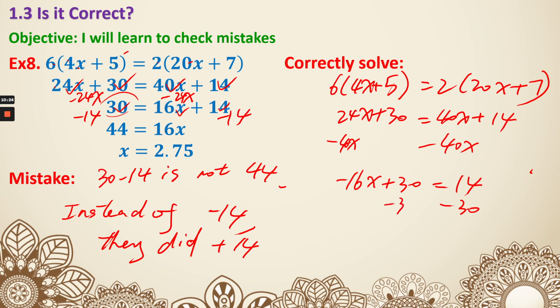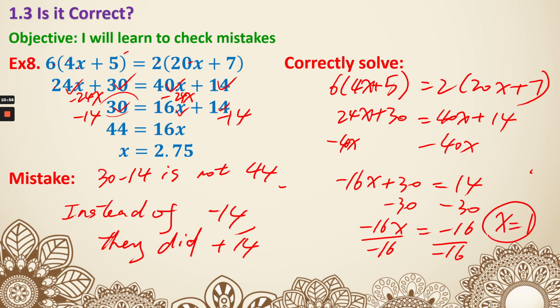Subtract 30 on both sides. After that, I got negative 16x equals negative 16. Last step, divide both sides by negative 16. X is 1. That is everything for 1.3.